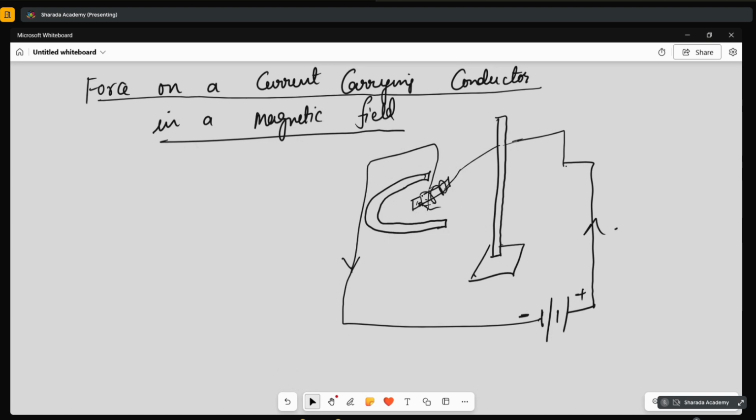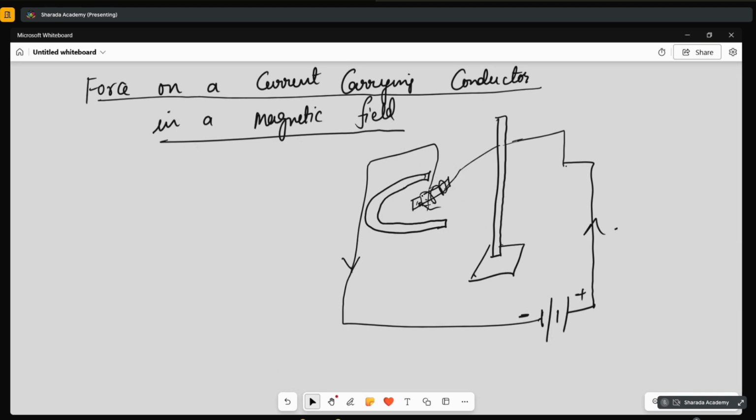In both cases, some force will be experienced by the conductor, either the attractive force or the repulsive force. The direction you have to know by another rule, Fleming's left hand rule. By that, we will know in which direction the force is applied.